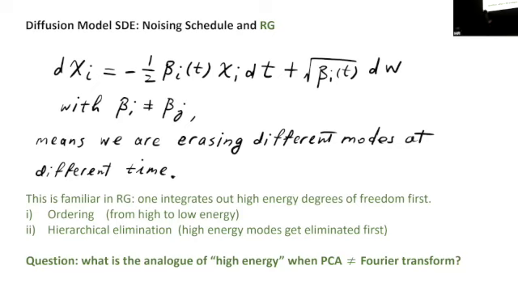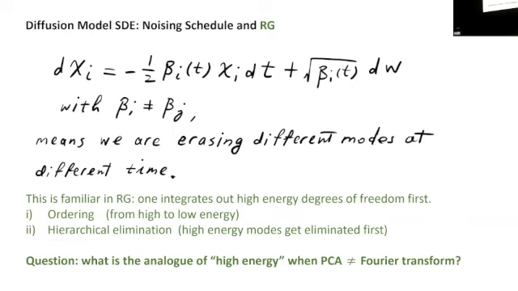What RG does in this regard is two things. One is it gives you an ordering. A natural ordering in RG is from high to low energy. And second, this ordering is actually used in the elimination process. So there's a hierarchy: you eliminate one mode first, and then go to the second. For instance, this RG kernel can be a sharp cutoff, or it could be a smooth cutoff.